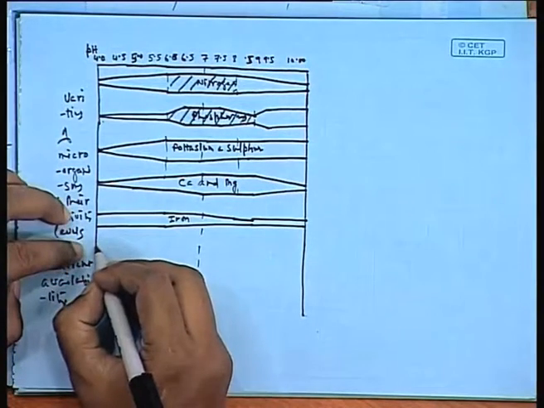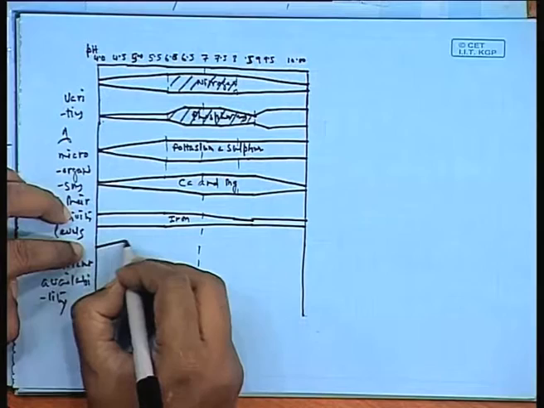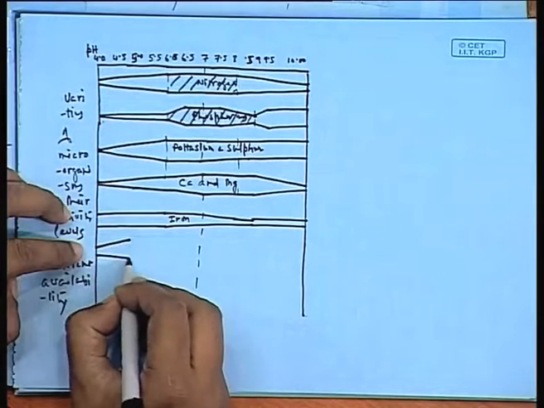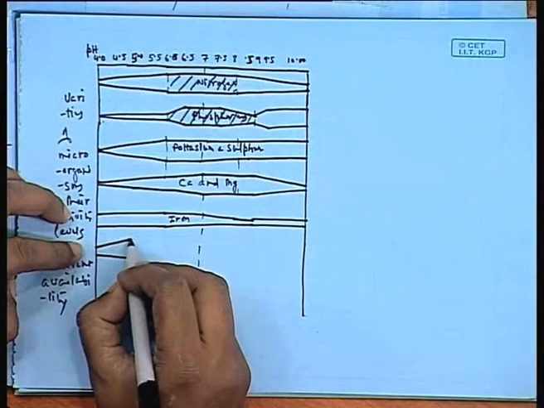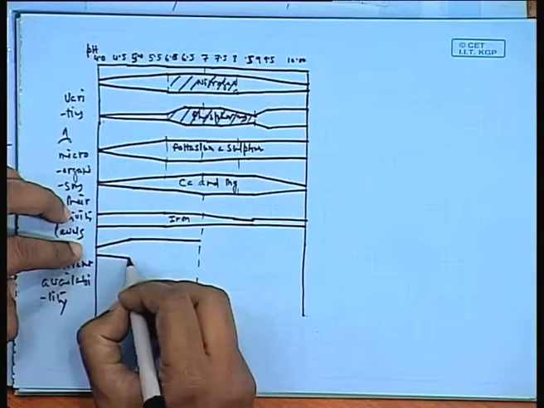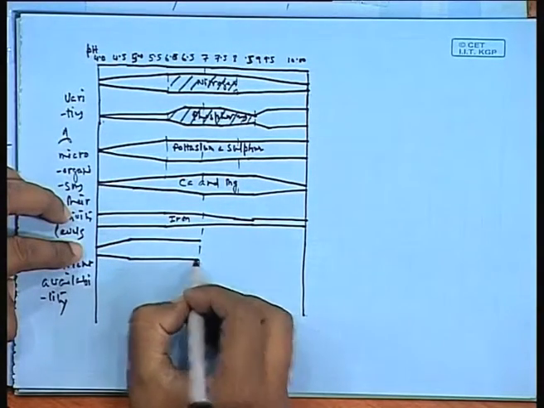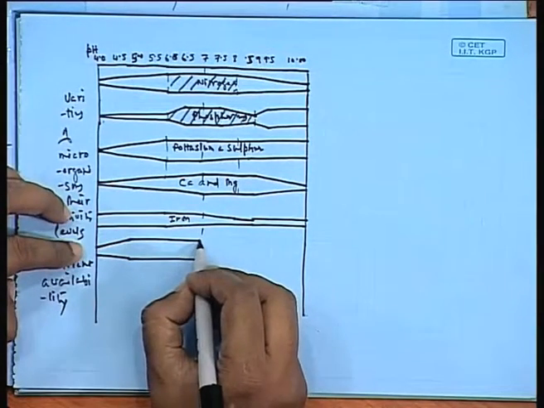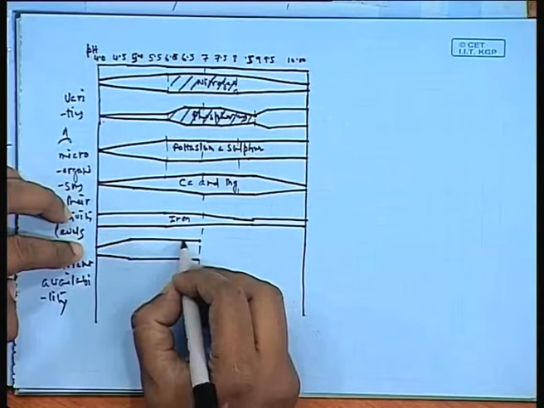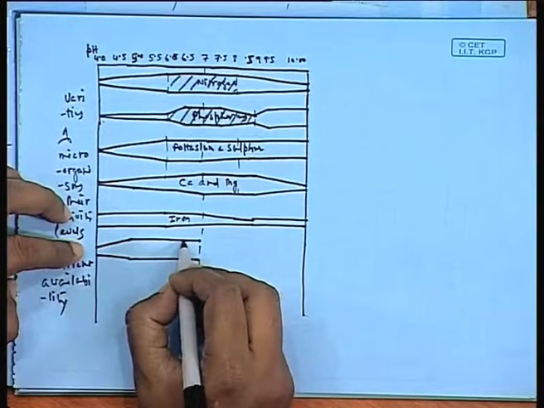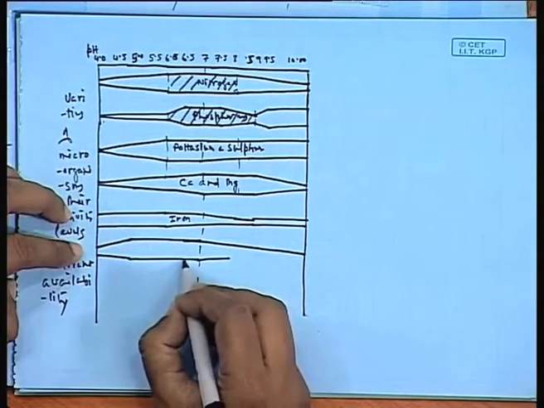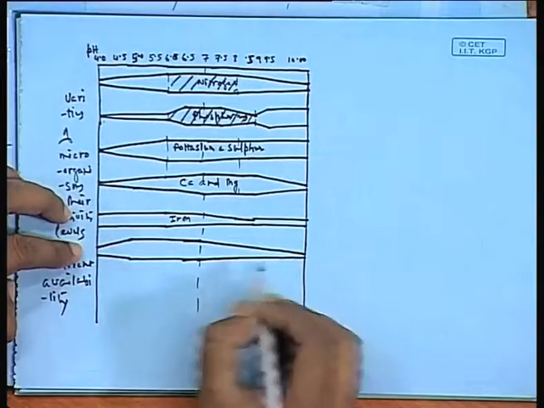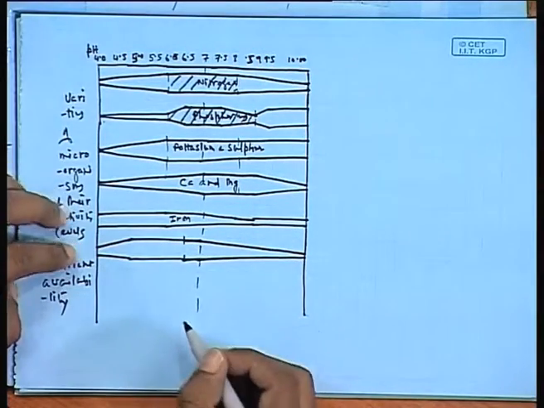Okay, let me draw the manganese one. The manganese stays like this, manganese is like this, whereas this one is, okay.